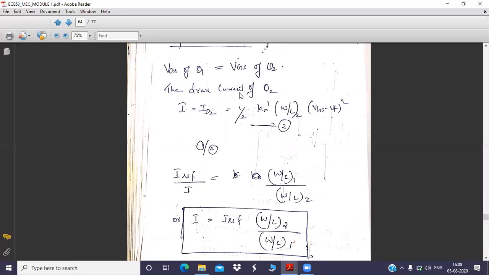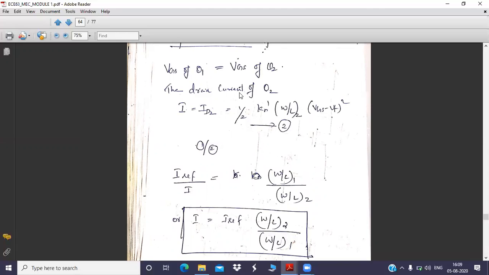Mirror means if you are seeing your face in the mirror, it will be exactly the same as what you actually look like, isn't it? In the same way, if you are designing a current mirror circuit, you are supposed to take the two transistors very much similar to each other, so that Kn dash is the same.